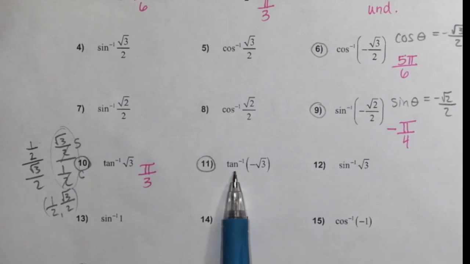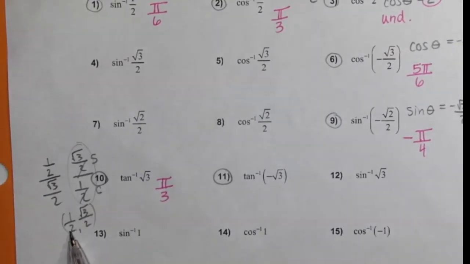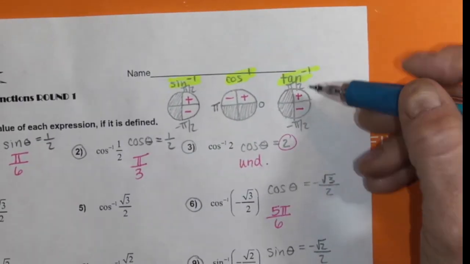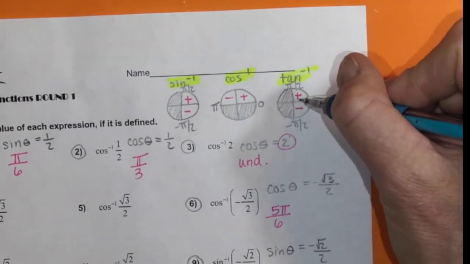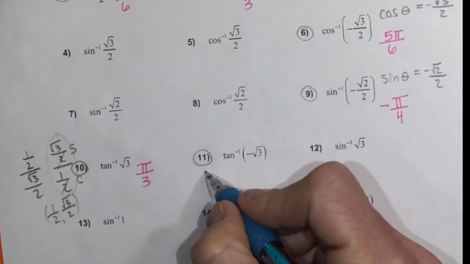Now the same answer here, but it's negative. So again, we're looking at where this coordinate pair, one of them is negative. Well, that's going to be in the fourth quadrant because I'm going to be going positive 1/2, negative root 3 over 2. That's what you're recognizing.